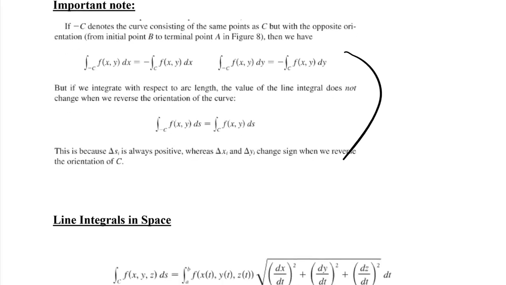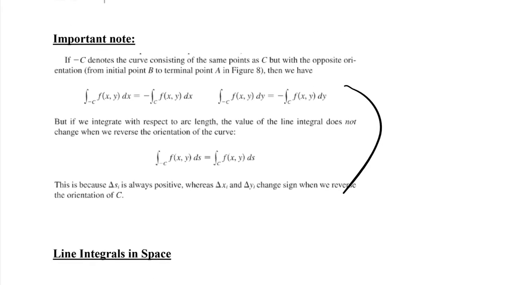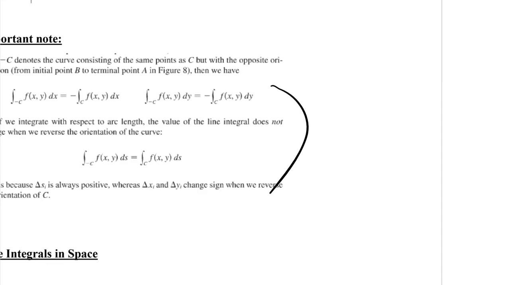This here in the book, go over that. It's not hard. It's just dealing with negatives. Basically, if you have your curve C, the direction of C matters a lot.